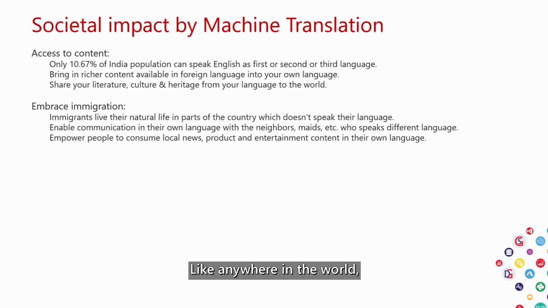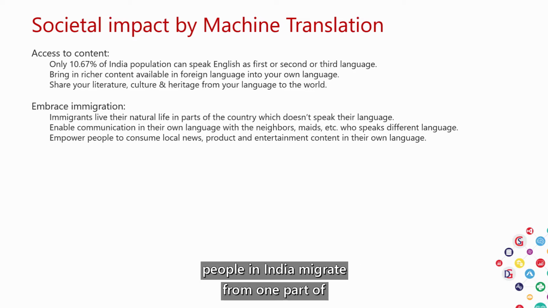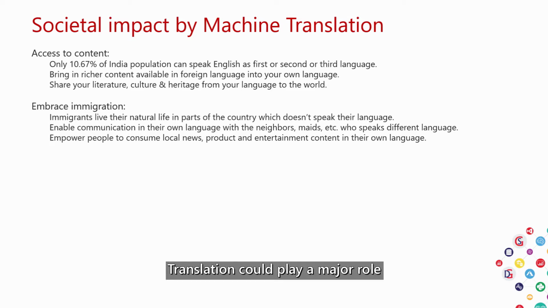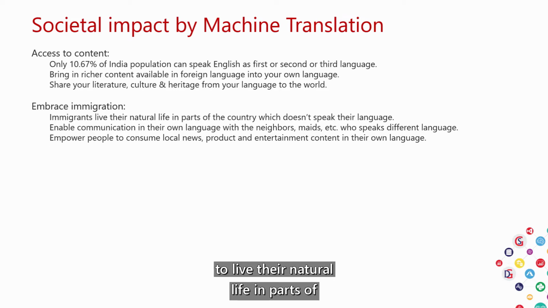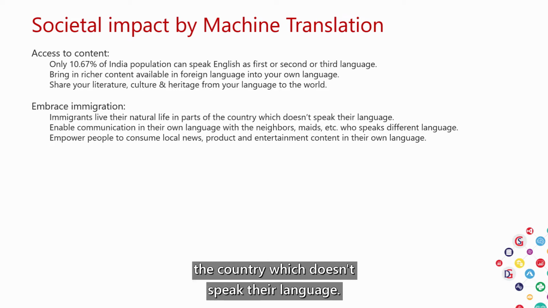Like anywhere in the world, people in India migrate from one part of the country to another for work and settle down. Translation could play a major role to embrace those immigrants. Machine translation helps immigrants to live their natural life in parts of the country which don't speak their language.